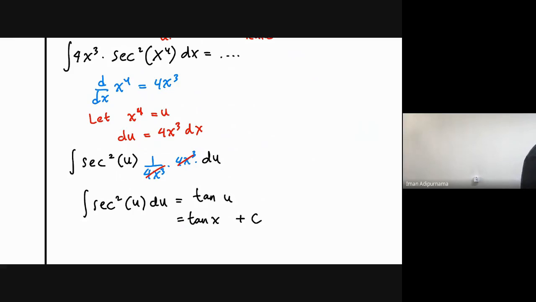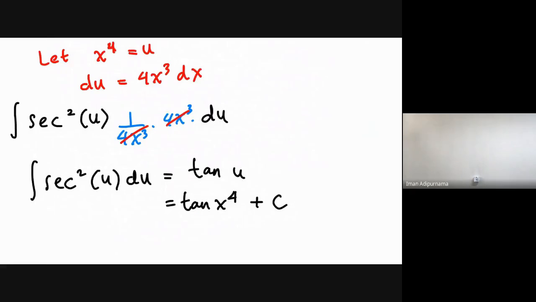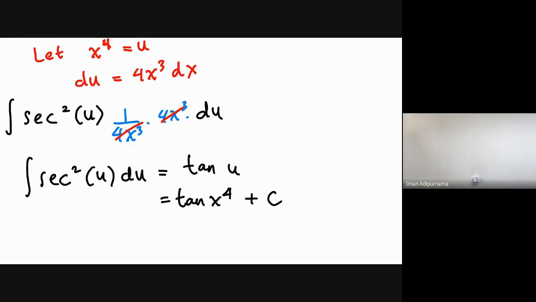Remember, this is just my suggestion. Whenever you have any u here, sometimes you get used to adding c here.